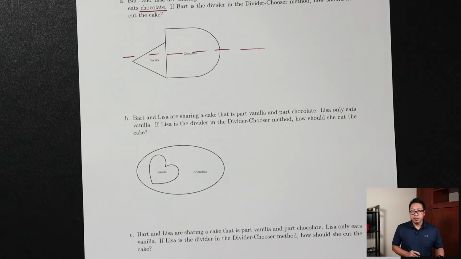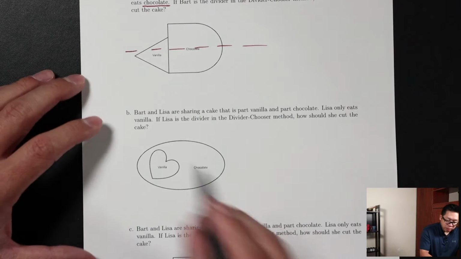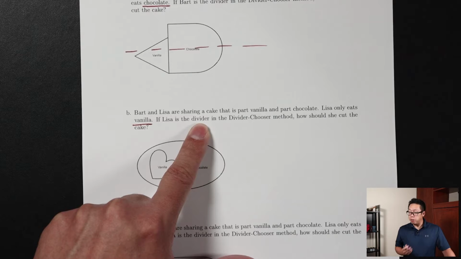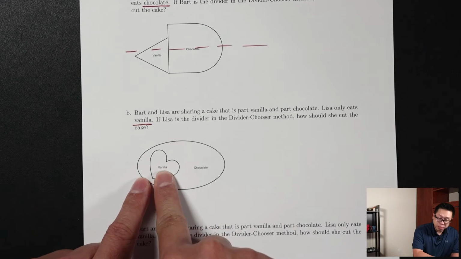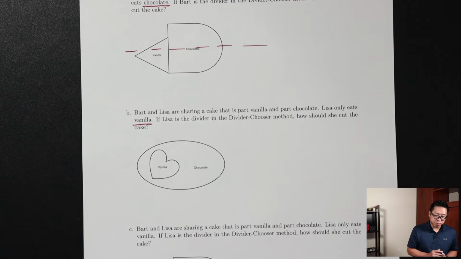Part B. Same situation, Bart and Lisa are sharing a cake that's part vanilla, part chocolate. This time, Lisa only eats vanilla, and this time Lisa is the divider or the cutter. Lisa only eats vanilla, okay, so ignore everything else. So we're just looking at this vanilla part here. She's the divider, so she should cut it as evenly as possible. So how should she cut it?